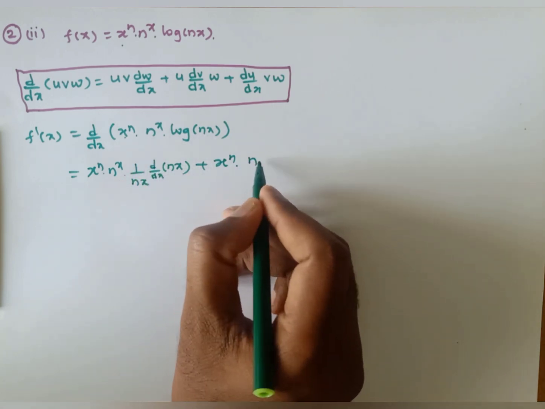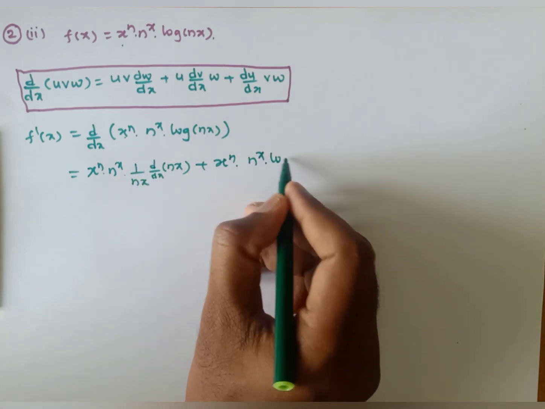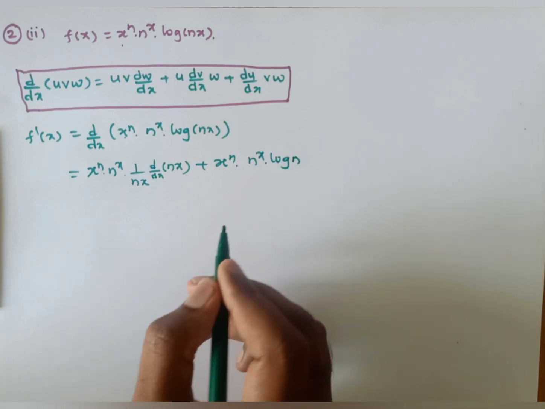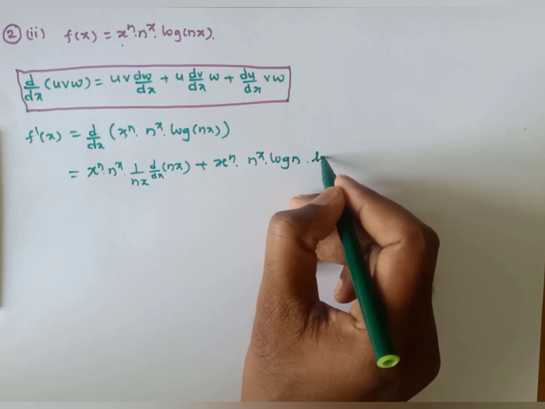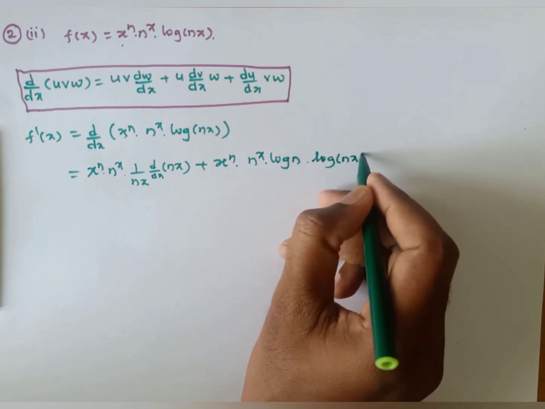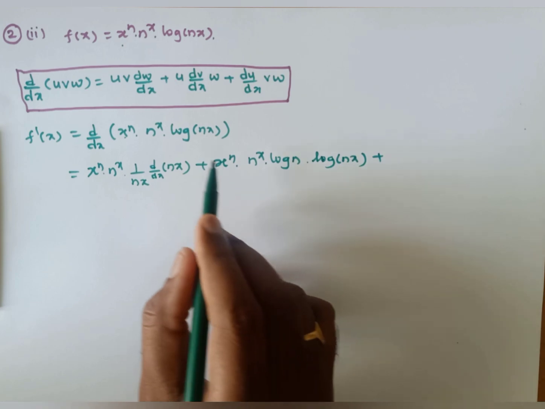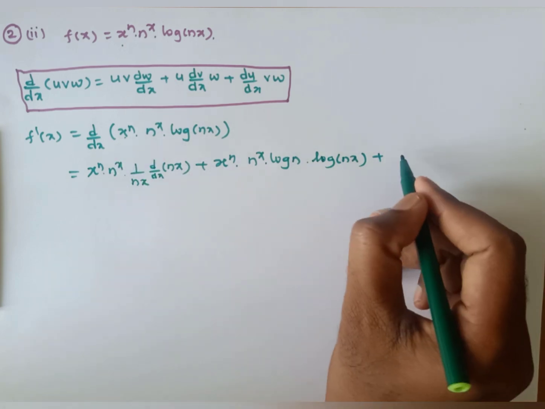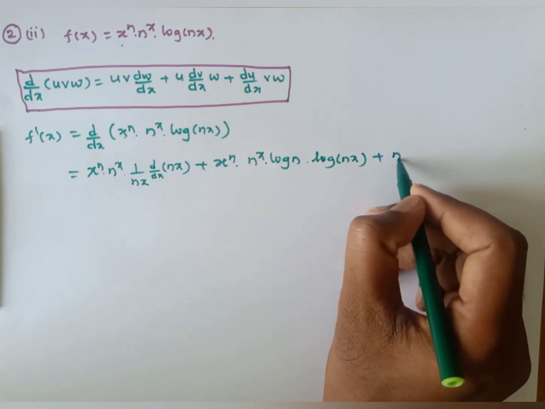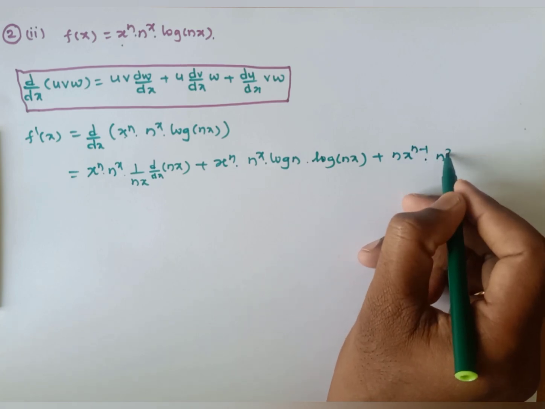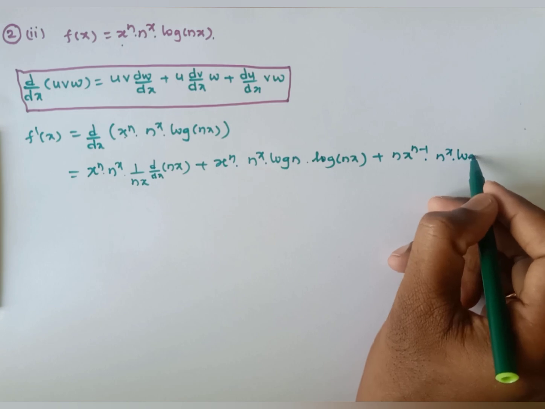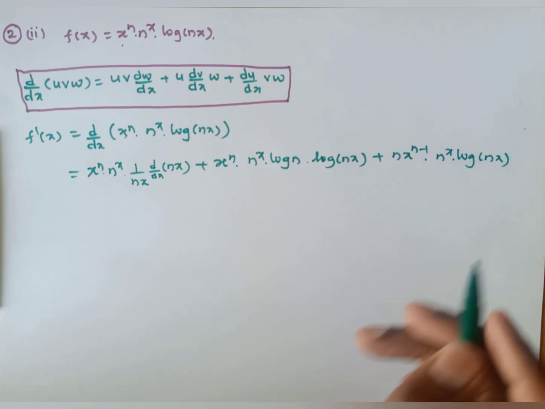The a power x formula is a power x into log a. Log a is nothing but log n here, into w as it is. It is log of nx. Plus next, applying to x to the power of n, the derivative becomes n into x to the power of n minus 1 into n to the power of x into log of nx as it is.